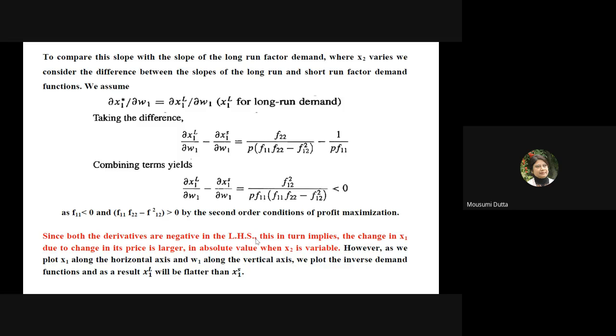We assume del x1 star by del w1 is exactly equal to del x1 L by del w1. It is only a notational matter. Previously, we used the star notation. Therefore, please treat del x1 star by del w1, which you derived earlier, as equivalent to del x1 L by del w1, where x1 L is the long run factor demand for x1. This is the demand for factor 1 when x2 can vary.